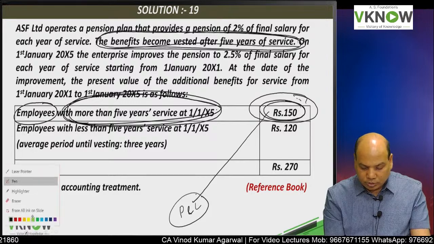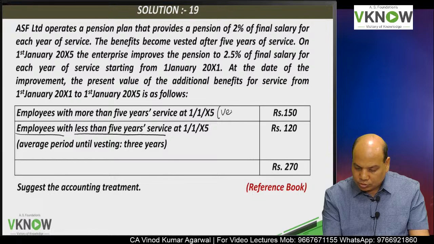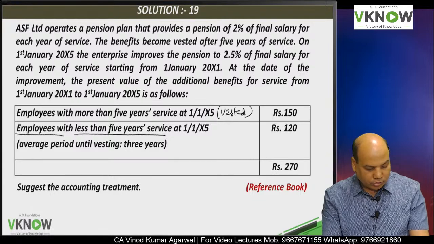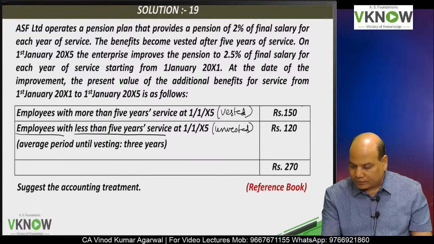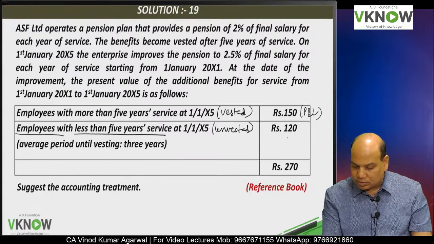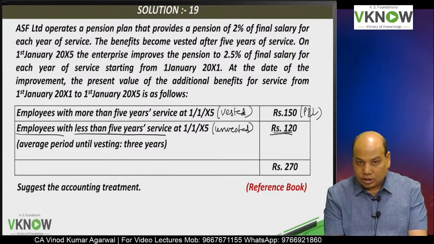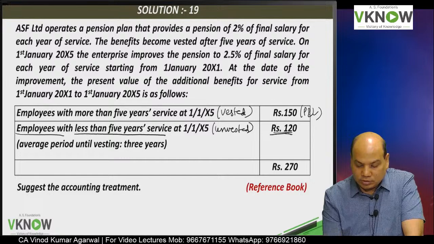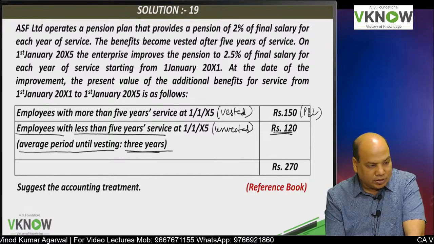And then we have employees with less than 5 years. You can write vested, you can write unvested. Vested: fully P&L account. Now what about unvested? It will be deferred and recognized over the remaining vesting period. Average period until vesting is 3 years.